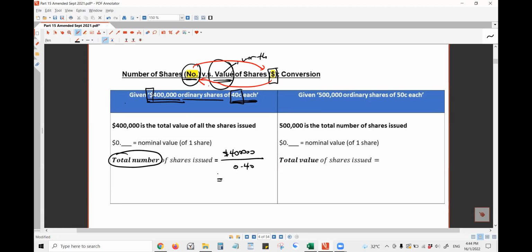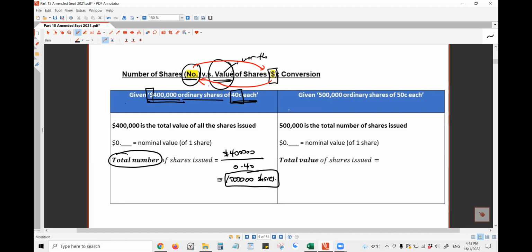If your math is good, this is very easy. 400,000 divided by 0.4, meaning this $400,000 is equivalent to 1 million shares. You must know how to do this conversion.